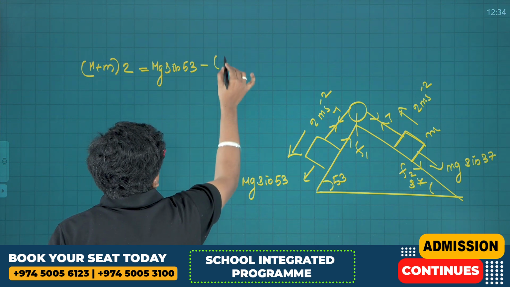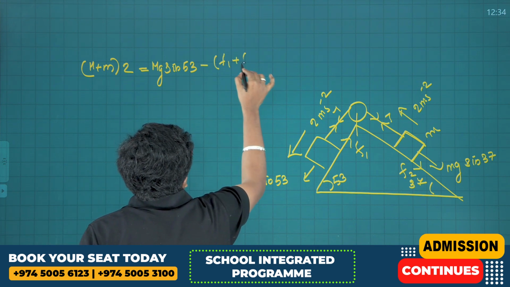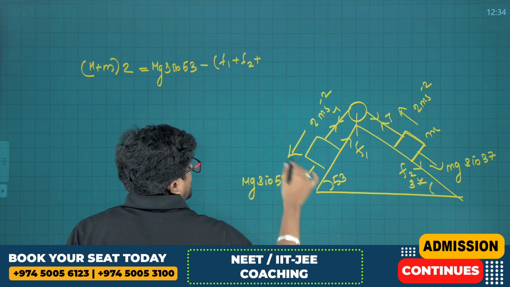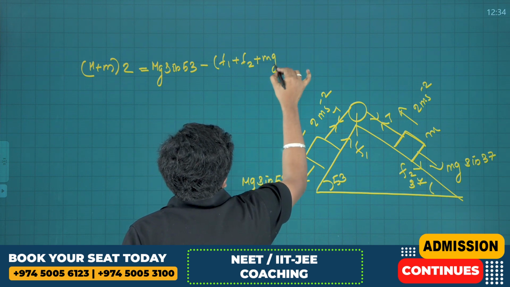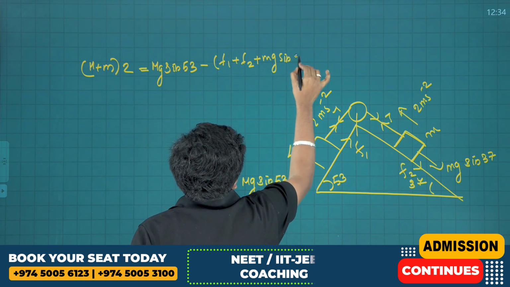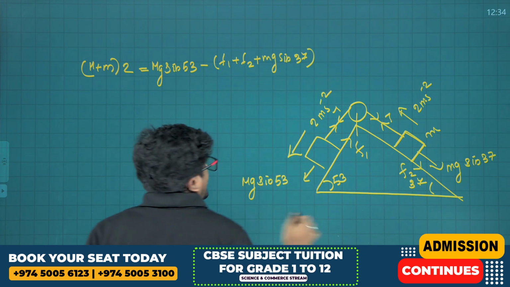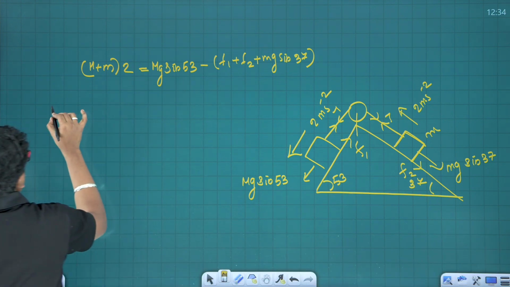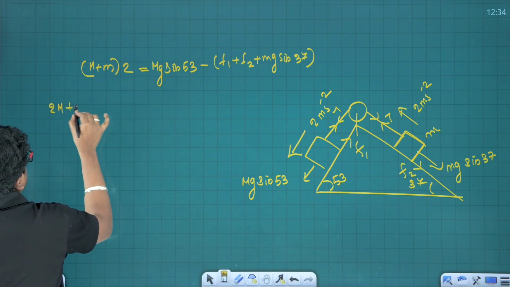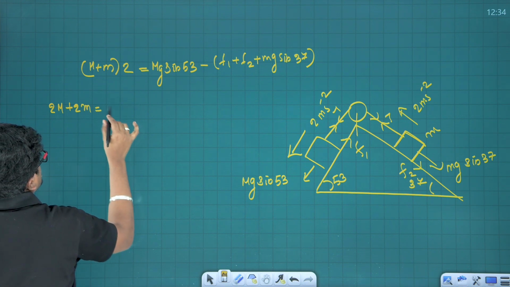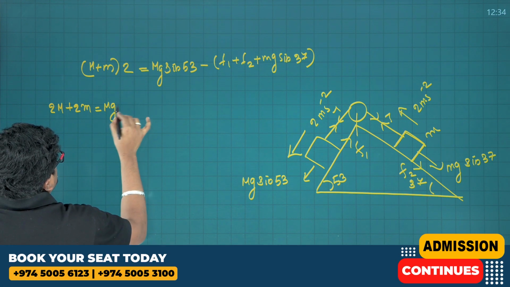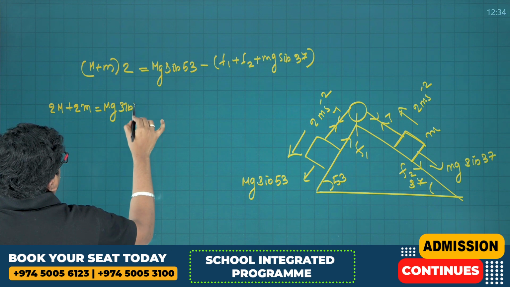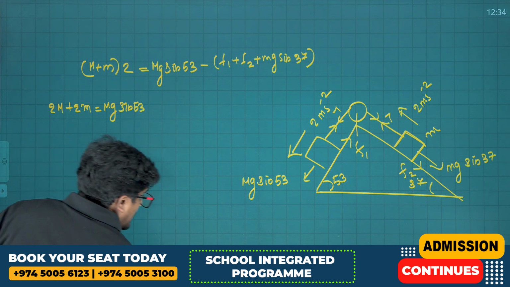So minus F1 plus F2 plus mg sine of 37. We need the value of small letter m. Now here this is 2 times capital M plus 2 times small letter m, that is equal to Mg into sine of 53. Okay, let's do one thing.